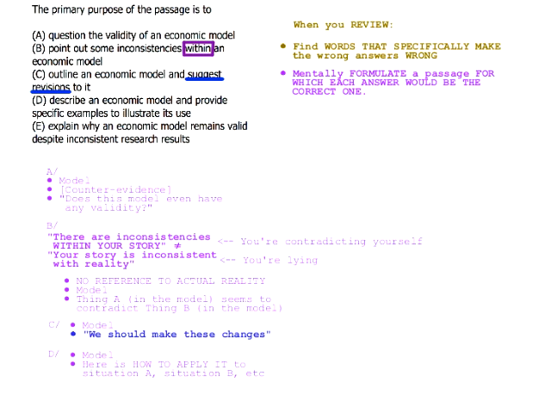So, it doesn't do that. Whereas, first is a model, then inconsistent research results, like, in some applications it's not perfect.